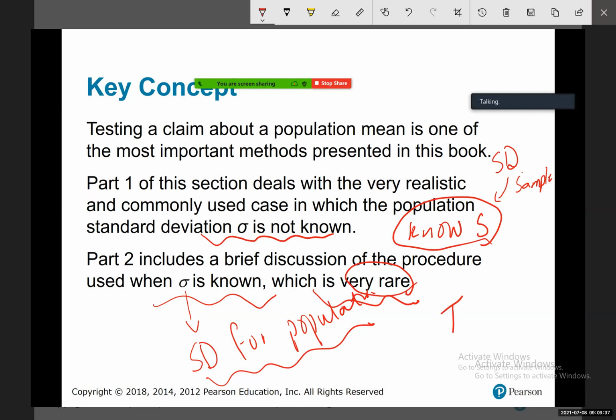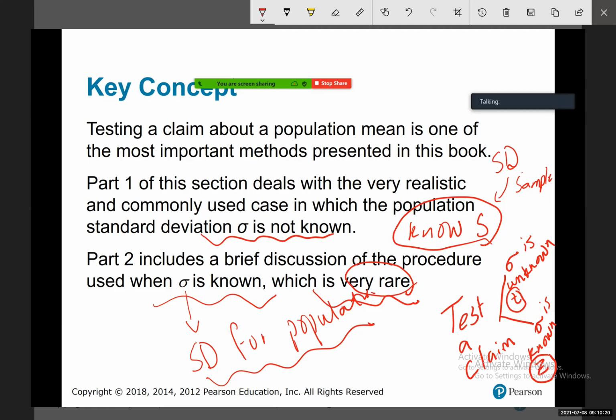We're going to test the claim. I'm going to give you calculator commands when sigma is unknown, which we do much more often, and when sigma is known. Exactly like intervals, when sigma is known you're thinking of something having z in there, and when sigma is unknown, having t in there.